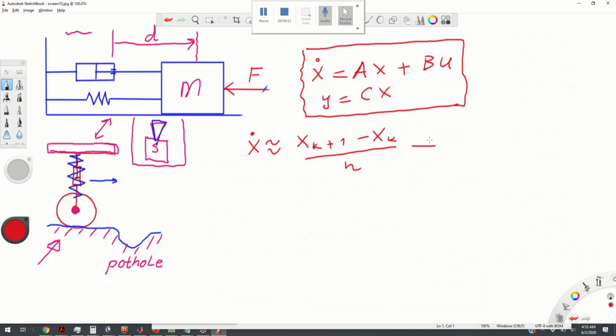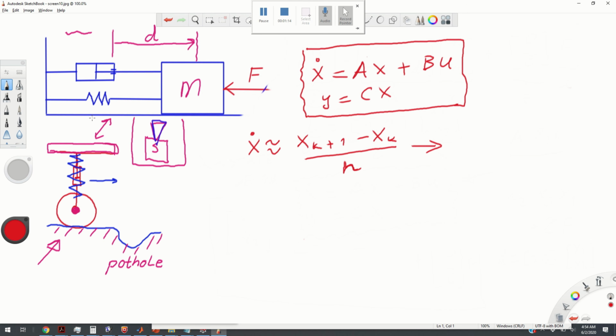Now, the problem with such an approach is that this approach might lead to system instabilities. That is, although your system is stable, this way of approximating the first derivative might lead to numerical instabilities and you will not be able to simulate such a system.